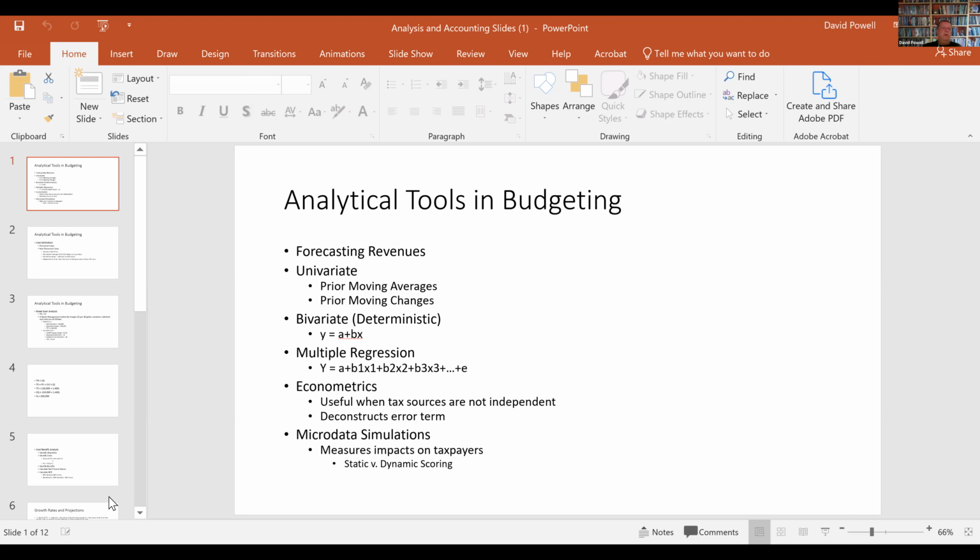One of the first reasons we would want to analyze budget documents is for the purpose of forecasting revenues. Obviously, it's important that we have an idea of how much revenue we are bringing in before we can determine how much money we have to spend and what we are going to spend it on. So we do a lot of analysis and forecasting of revenues.